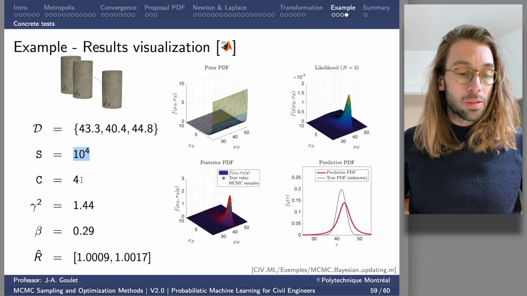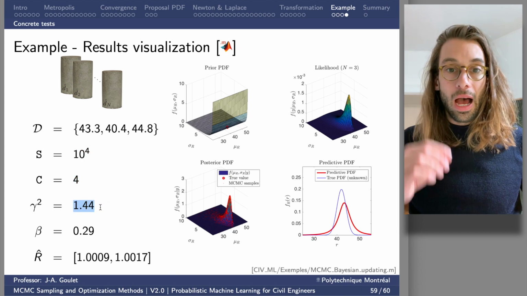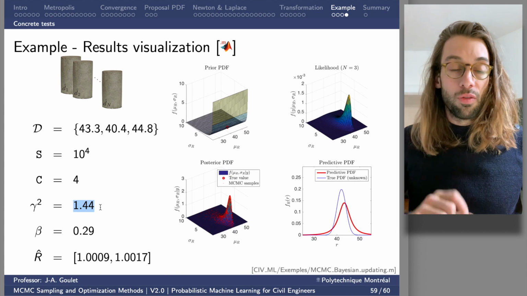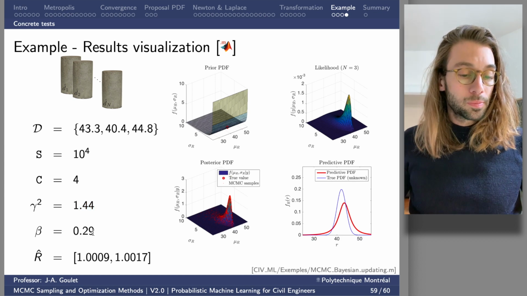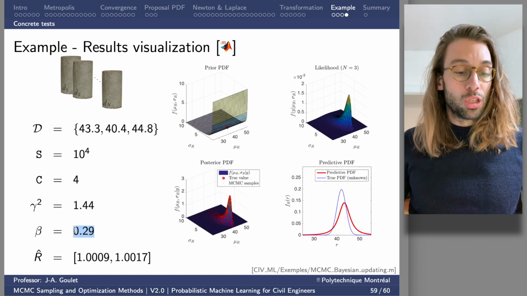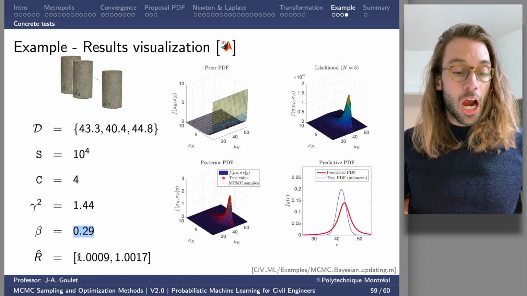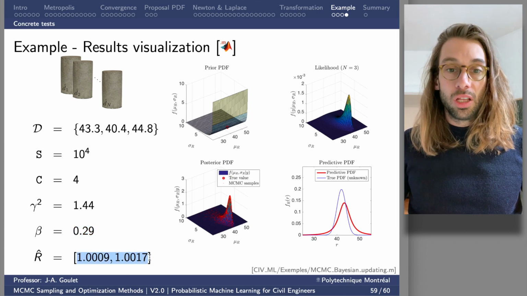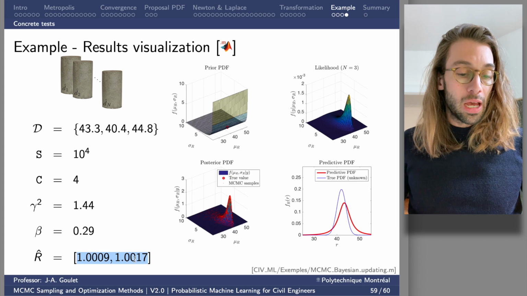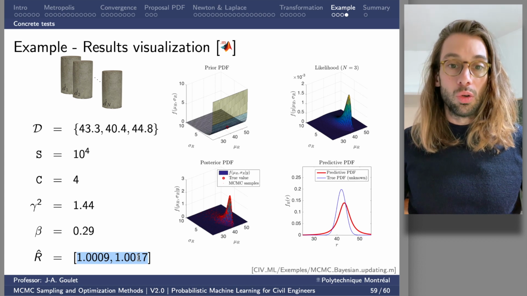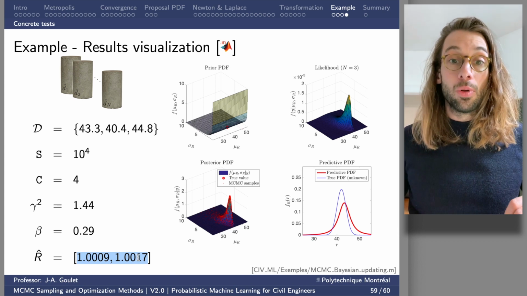In this case, I use 10,000 samples per chain. My scaling factor for my Laplace approximation for my covariance matrix is 1.44. My acceptance rate is 0.29, and my EPSR indicates that I've really converged: 1.0009, 1.0017. I'm close enough to 1 to know that I've taken enough samples.